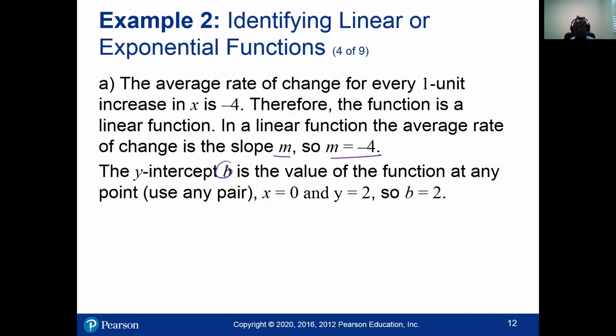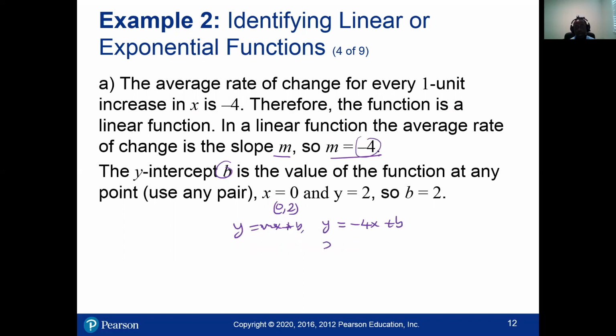So if I use the ordered pair 0, 2, x is 0, y is 2. What is b? Well, we know that y is equal to mx plus b. So in this case, y is equal to minus 4x plus b, because the slope is negative 4.